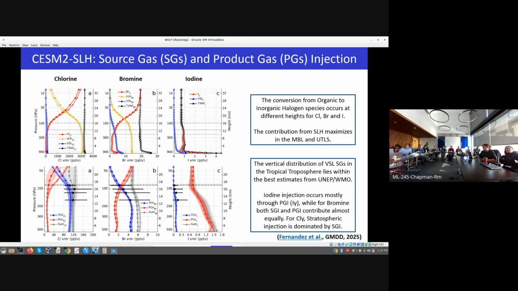So that's something also really good that in CESM2, we got with the tuning factors to get all of the configurations to be really similar to one another. And on the bottom, this is the tropical mean, source gas injection in blue, and we compare with the latest WMO values of how much short-lived halogens are being injected into the stratosphere, and the model really agrees well with observations.